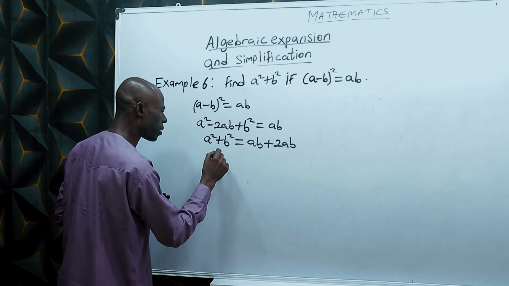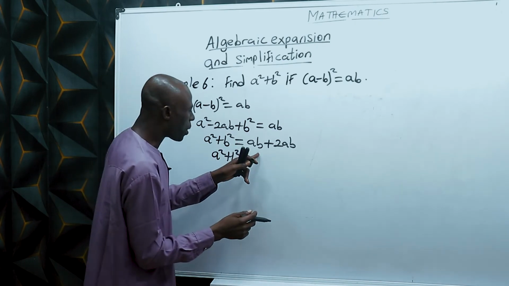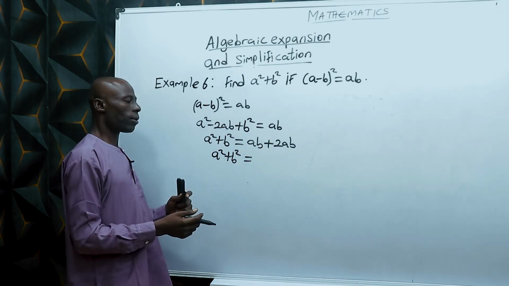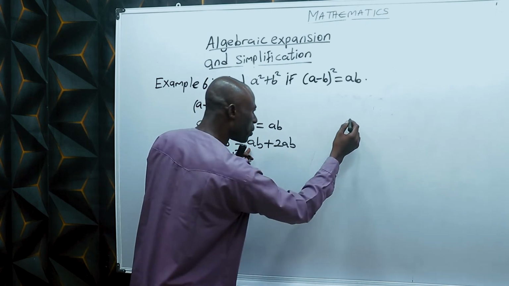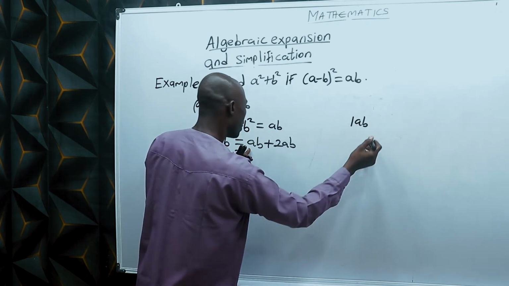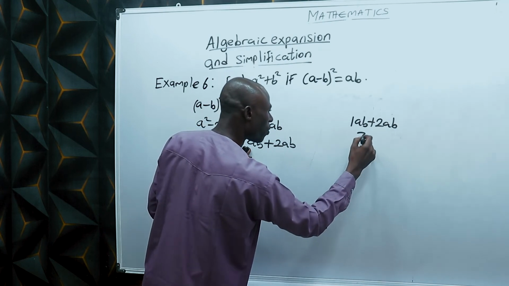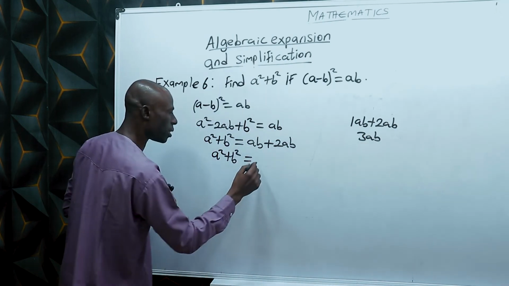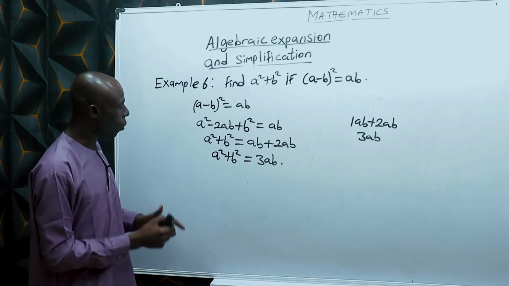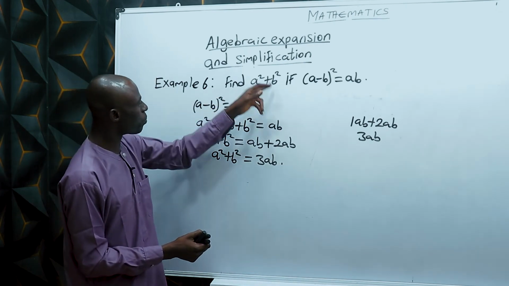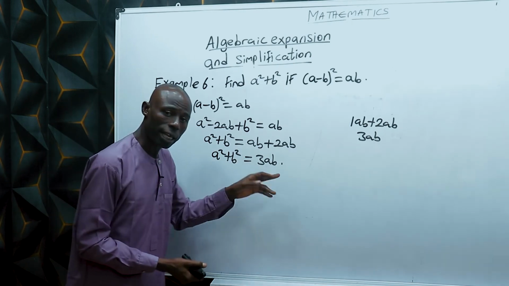So you now have a squared plus b squared equals ab plus 2ab. What does this mean? ab means 1ab. Now, plus 2ab, which means 1 plus 2, 3ab. So this is 3ab, and that's the end. The question is, find a squared plus b squared. So here, a squared plus b squared equals 3ab.